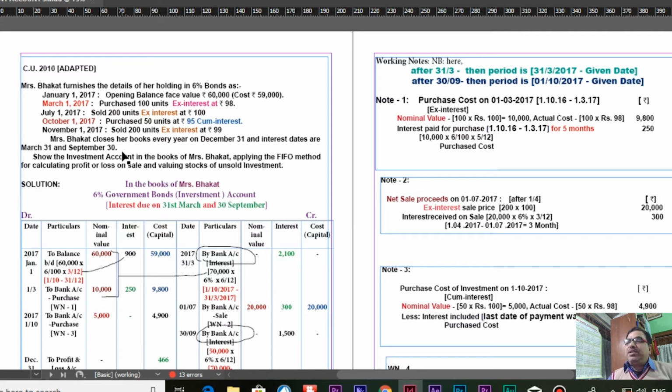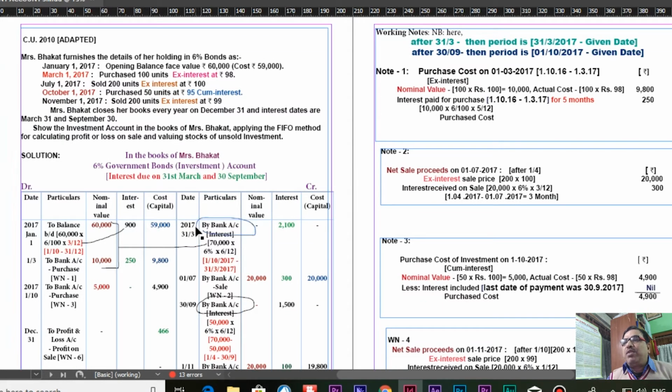Therefore, if it crosses the period of September 30, then you have to consider from September 30. That means 1-10. And if it is under September 30, then you have to consider March 31. That is 1-4. Mind it very carefully.